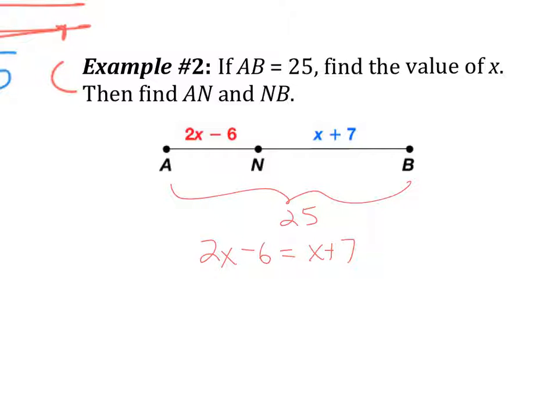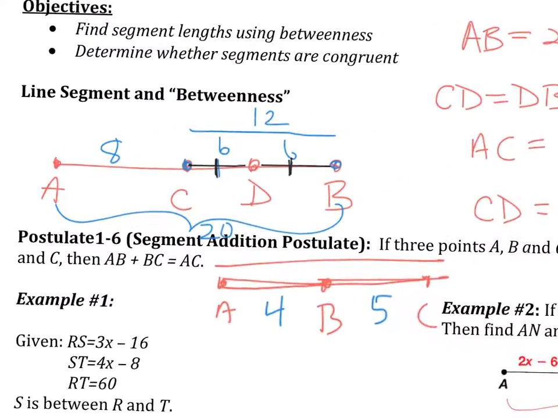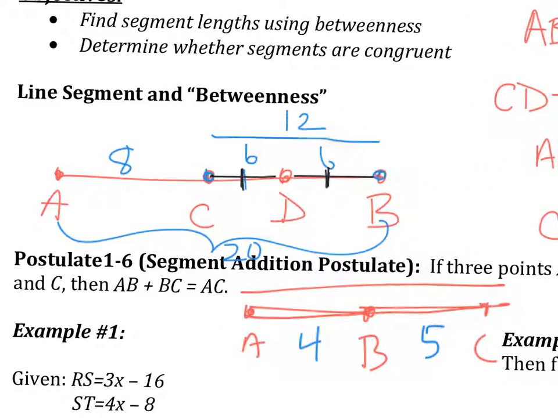Well, like our example above, so if I go back up here, we had 8 plus 12 equaled 20. So the segment on the left plus the segment on the right added to be 20. 8 plus 12 equals 20.